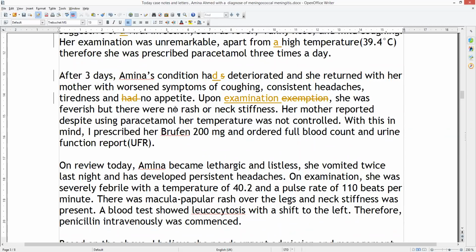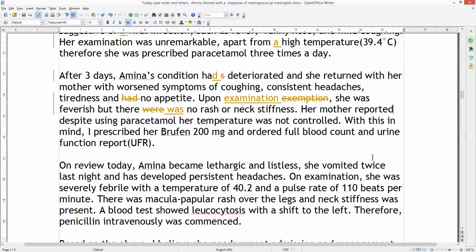No, rash is singular, so I would make that was instead of were: but there was no rash or neck stiffness, because we're using or here as a conjunction.